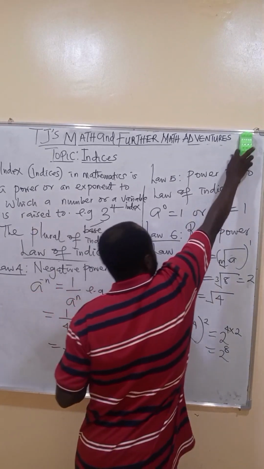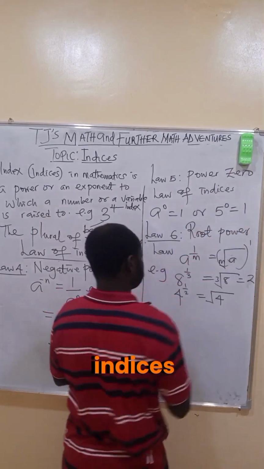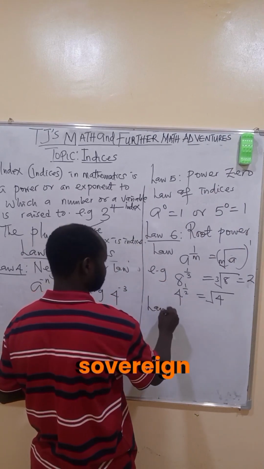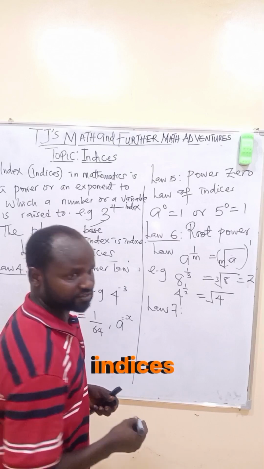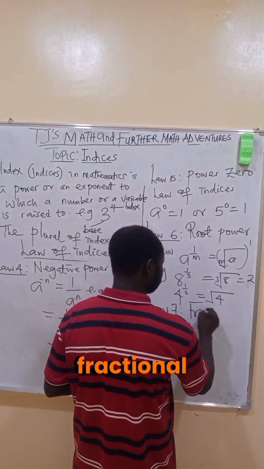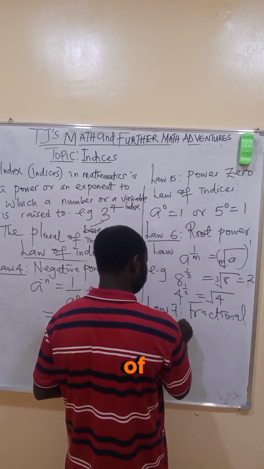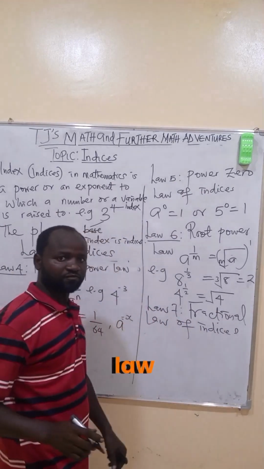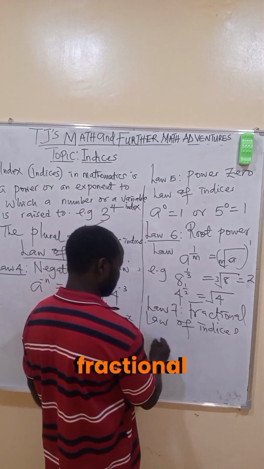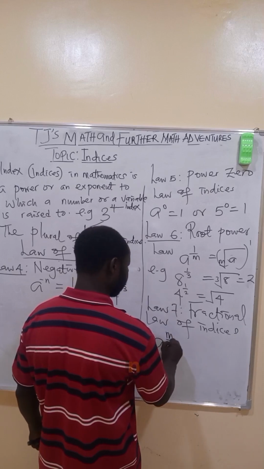Okay? So let's move to the seventh law of indices. Law 7 is what we call fractional law of indices. Let's say we have a power m over n.